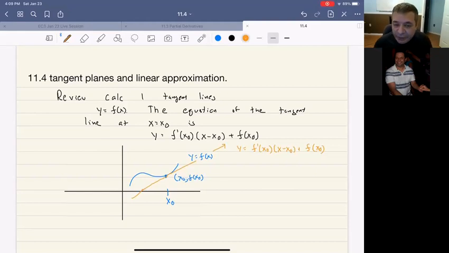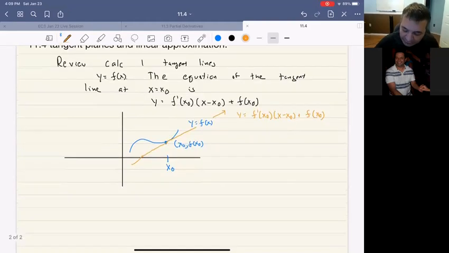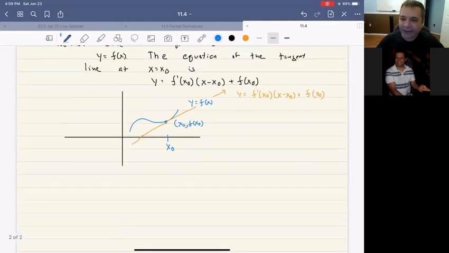Okay, so we're going to do the same thing, except now we're going to do it in 3 dimensions. There's really nothing to it from that perspective.